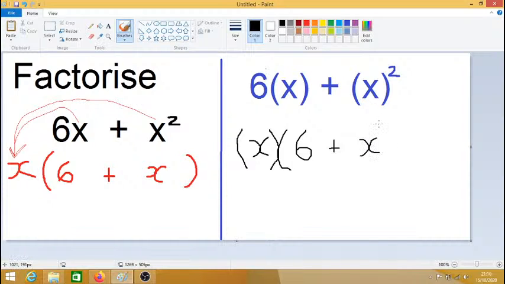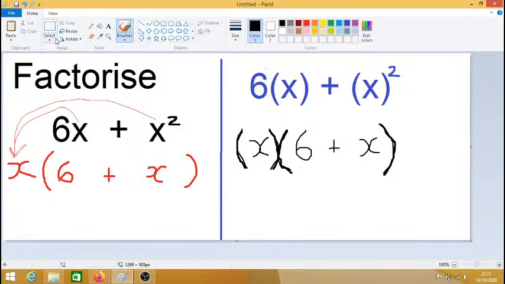The same answer as before, not too different. Just it looks a bit different because you've got brackets here. Okay, so hopefully that's clear.